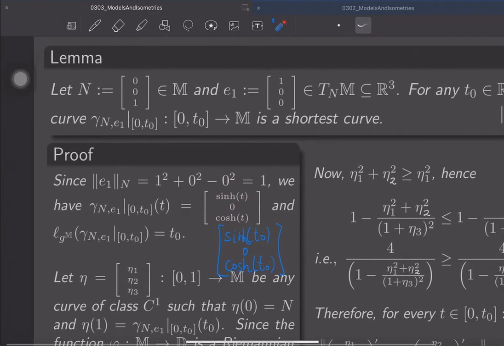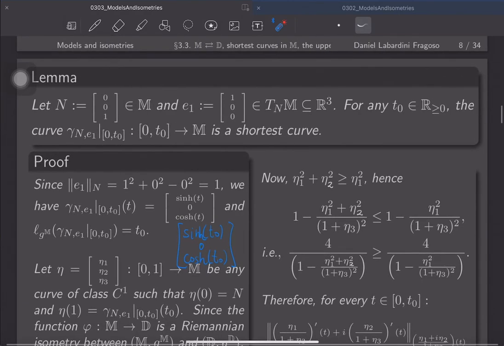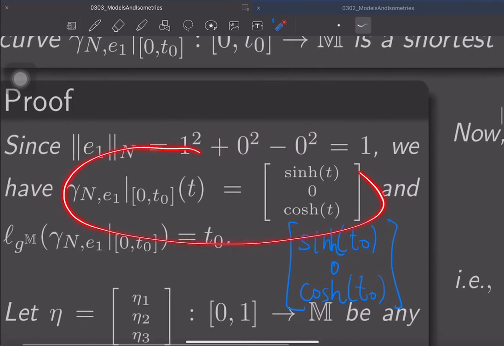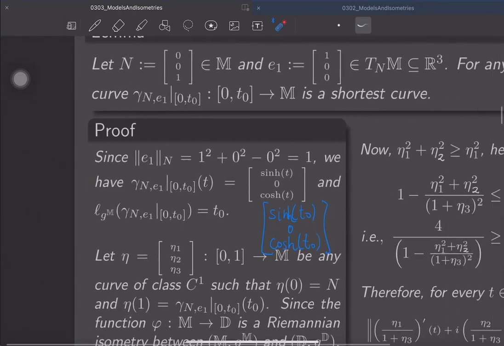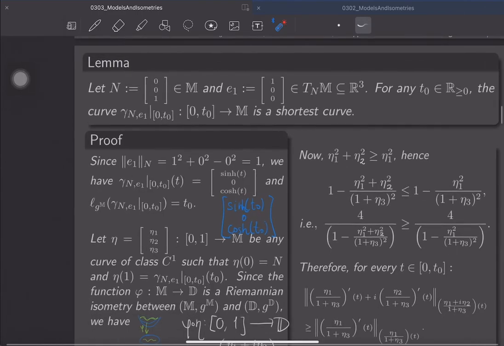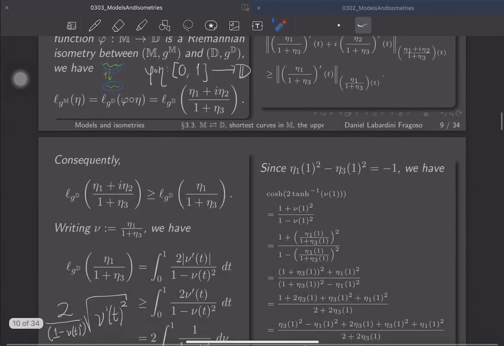Okay. But what I want to convince you of is that this is really just an old friend. It's just the hyperbola parameterized with the hyperbolic functions. And that's the correct parametrization if we think in hyperbolic terms, in the terms of hyperbolic geometry.